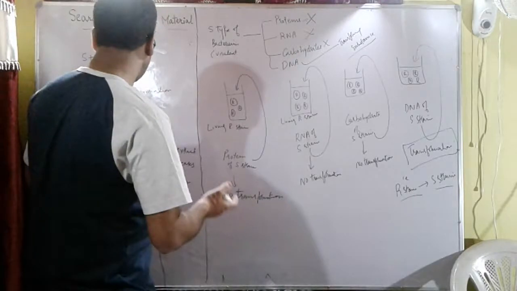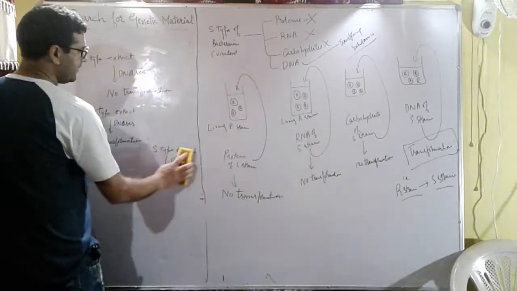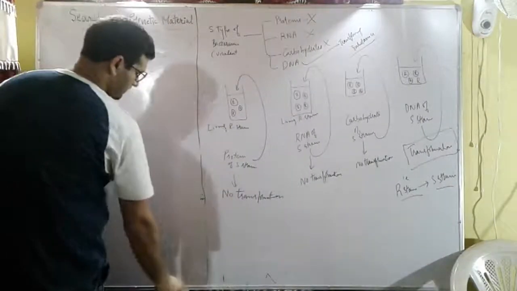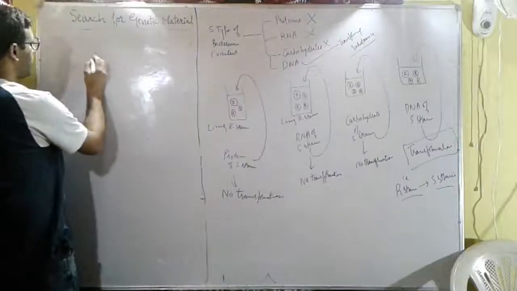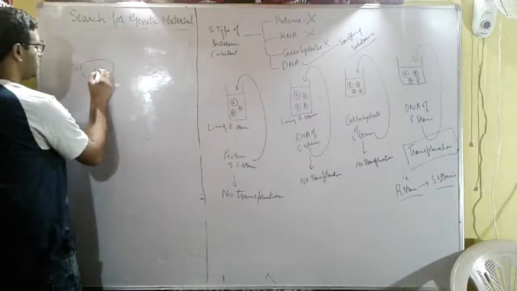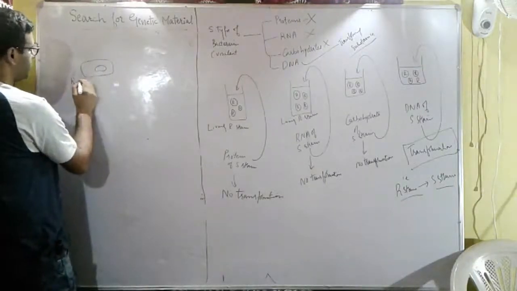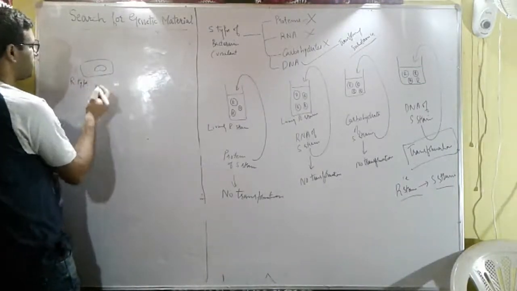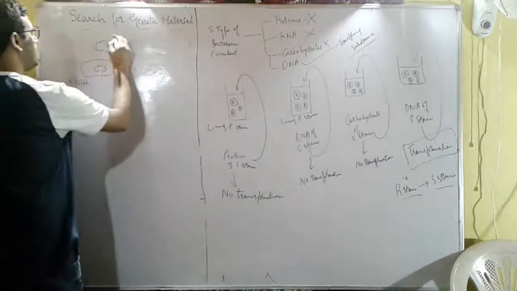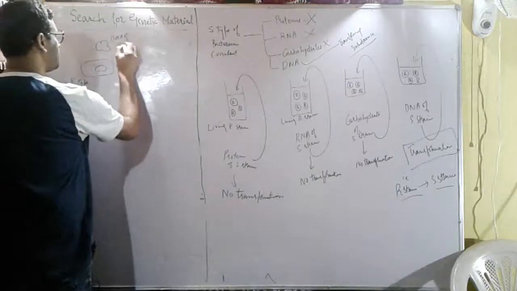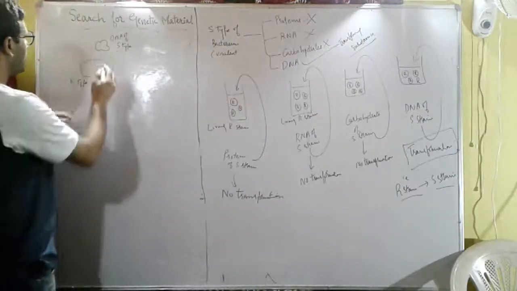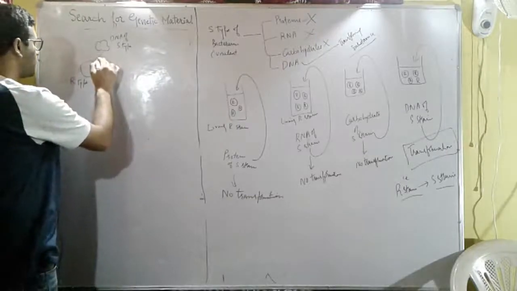So how can we explain this transformation? For example, this is the R type of bacterium, and this is the DNA of S type. This DNA of S type was absorbed by the R strain of bacterium.